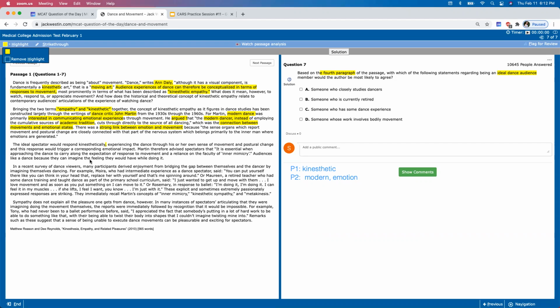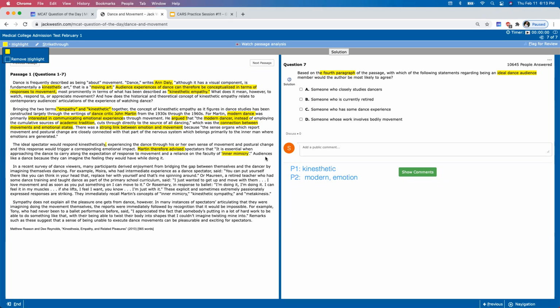What was important? Okay, inner mimicry? I highlighted Martin, therefore advised, because I feel like that sentence could help me answer a question later.